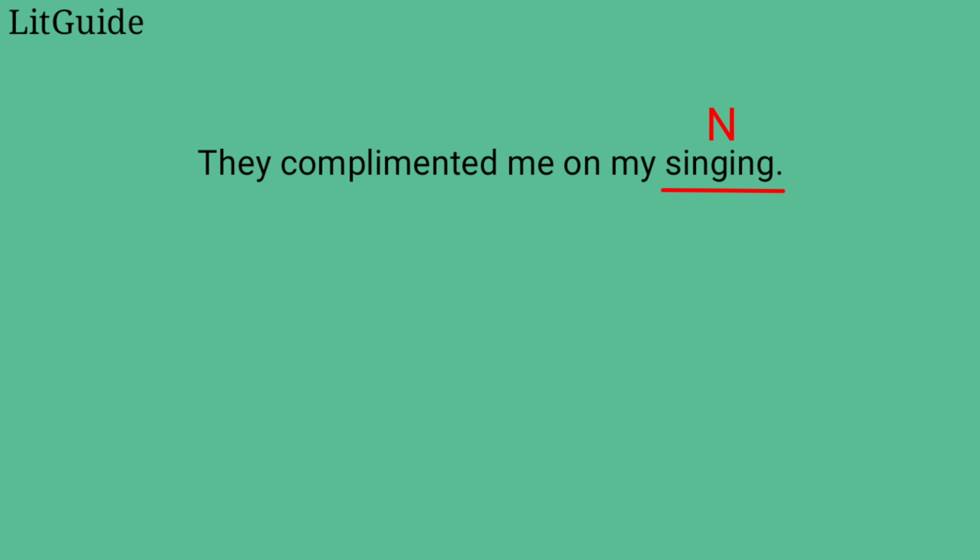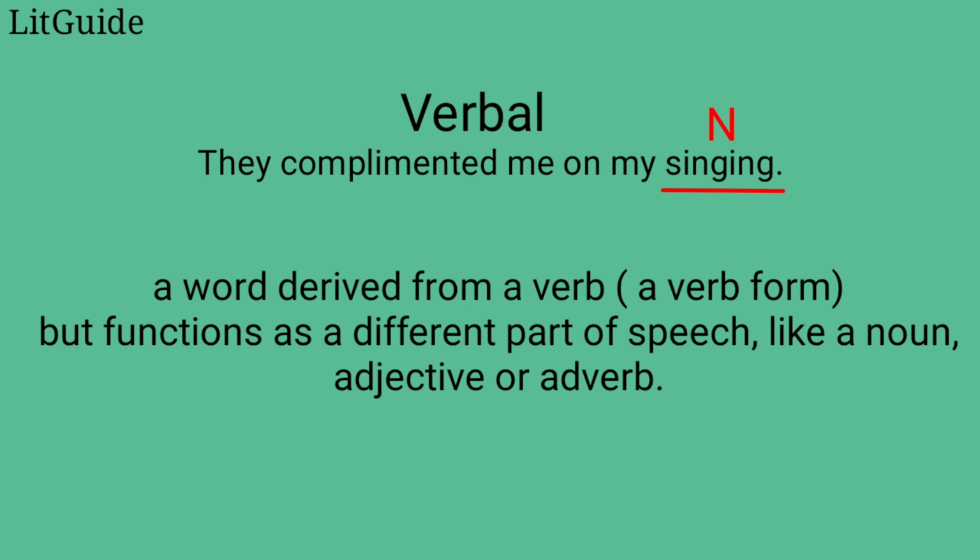In such cases, when a verb acts as a different part of speech, it is called a verbal. Thus, a verbal is a word derived from a verb form that functions as a noun or a modifier, that is an adjective or an adverb, in a sentence. Verbals are never used alone as action words in a sentence.